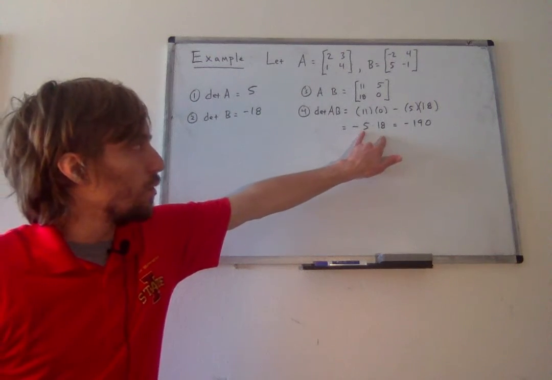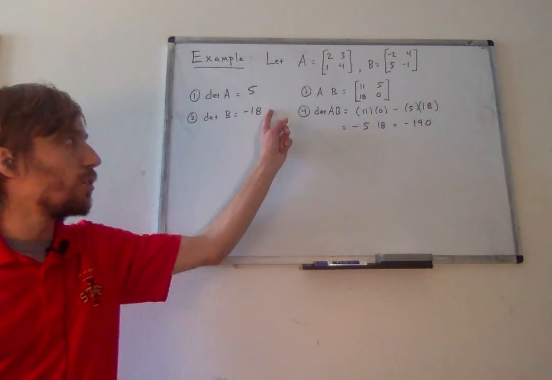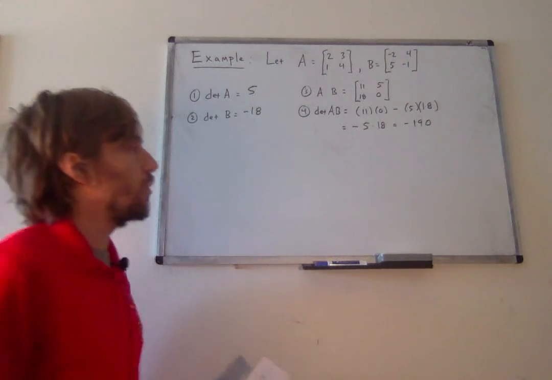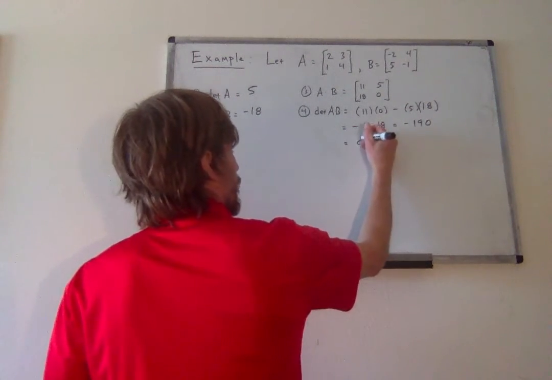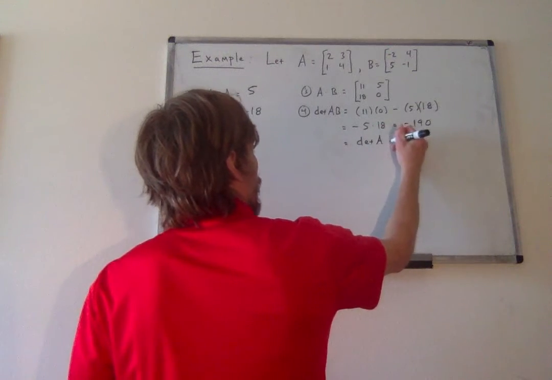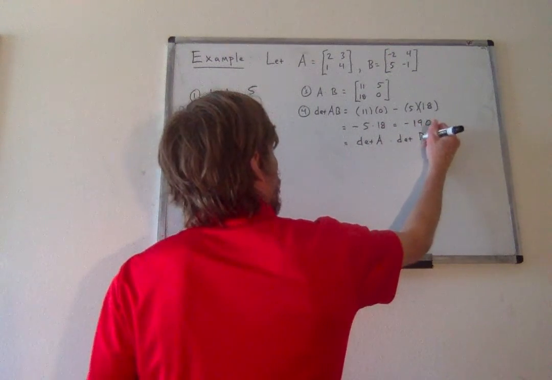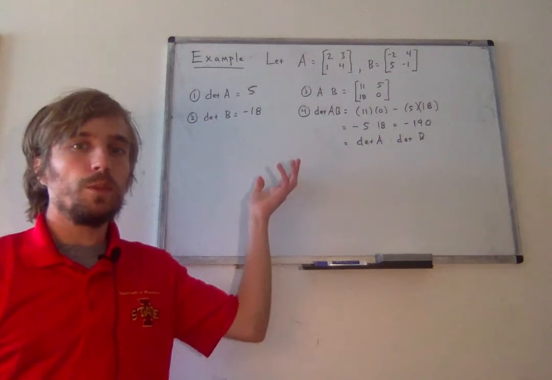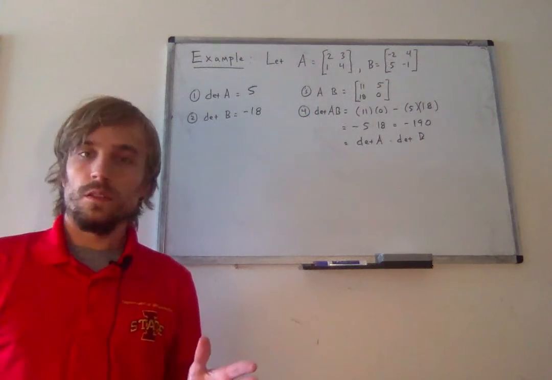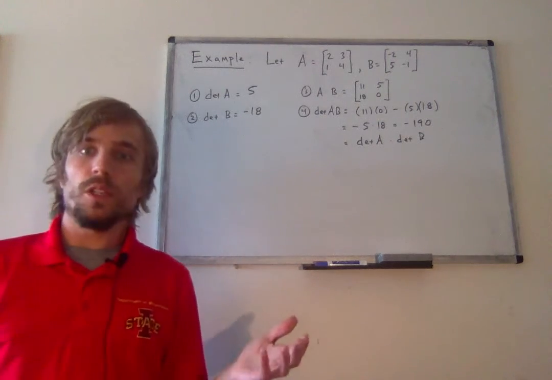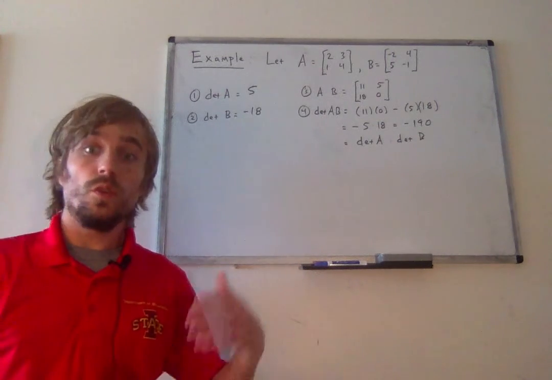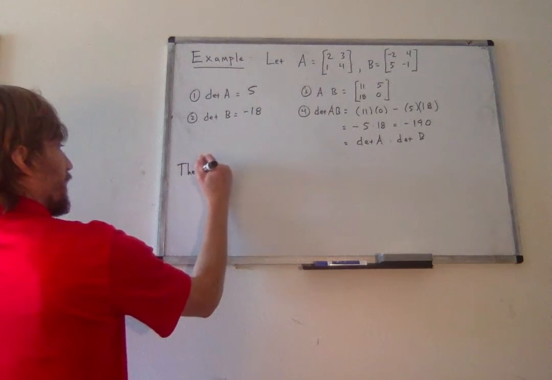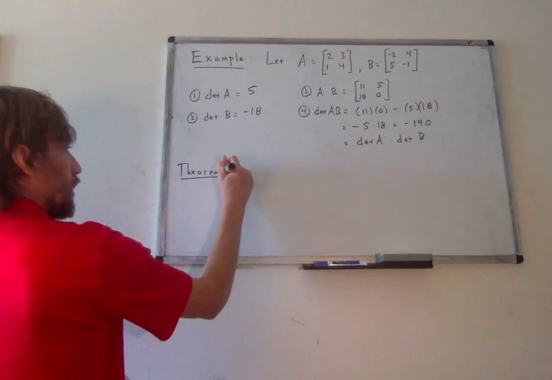Look at these 2 numbers and look at these 2 numbers. So in this example, we just showed that the determinant of A times B was equal to the determinant of A times the determinant of B. That is, that the determinant obeys the multiplicative property in this example. Well, we all know that one example doesn't necessarily equal a trend or a theorem, but in this case, it does. And so this is a really cool theorem.